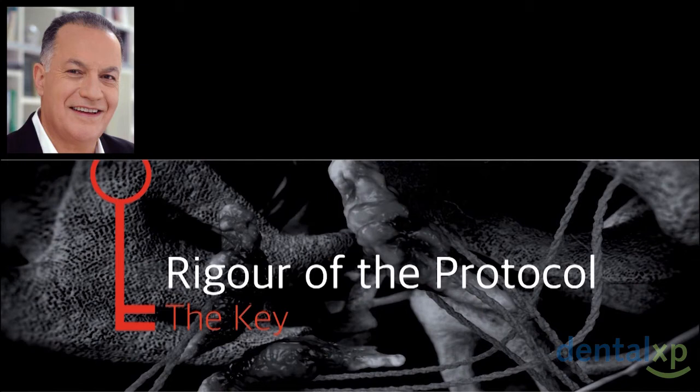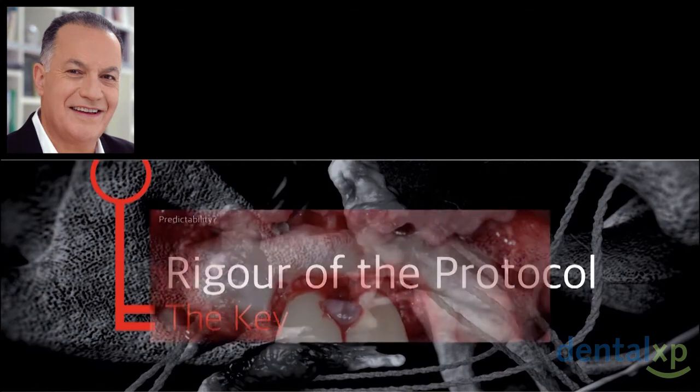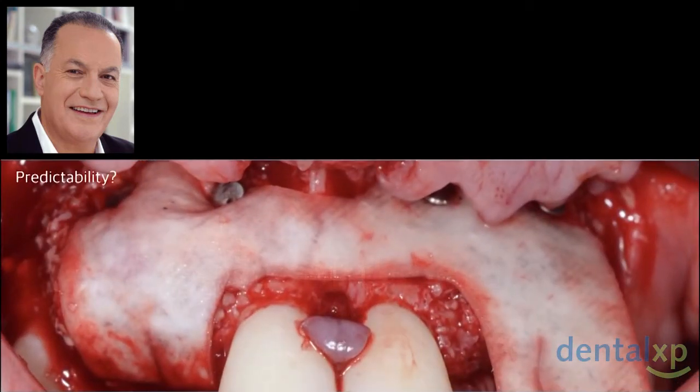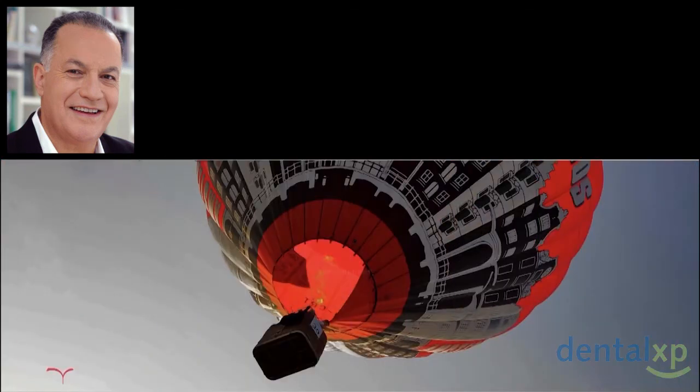And we understood that the protocol is very rigid. We call it the rigor of the protocol, and that's the key for success. But many dentists have difficulty keeping this protocol, and that's the reason why sometimes the GBR is not so predictable.